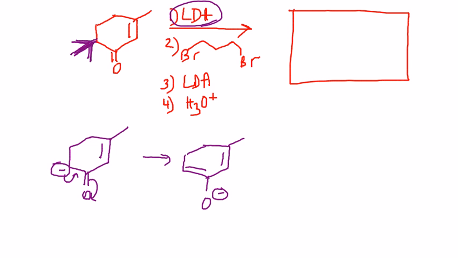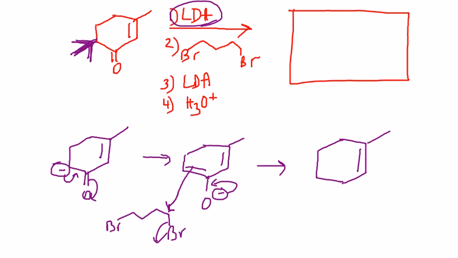And I'm then treating that with the Br here and the Br here. So electrons move in, electrons will attack at the carbon, Br leaves. So you get double bond, carbon, carbon. Let's number it 1, 2, 3, and 4, and Br.